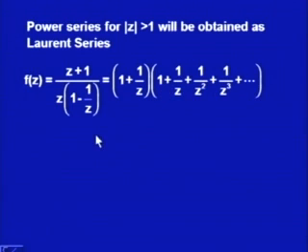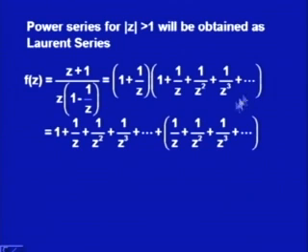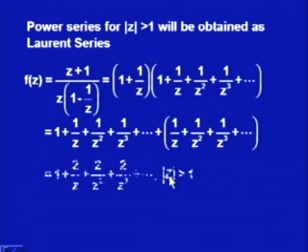If you multiply these terms, it will simplify to this series, and further simplification will give me 1 plus 2 upon z plus 2 upon z square plus 2 upon z cube and so on, for modulus z greater than 1. And here you may notice that the terms are appearing in the denominator, or we have negative powers of z. So, it is a Laurent series expansion of the function, but it is valid for modulus z greater than 1.